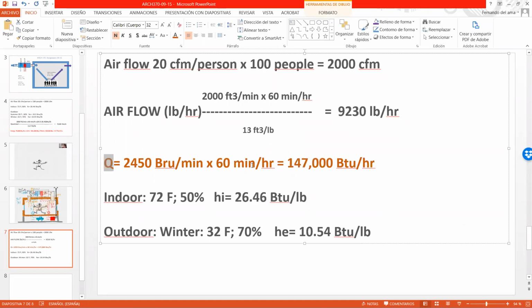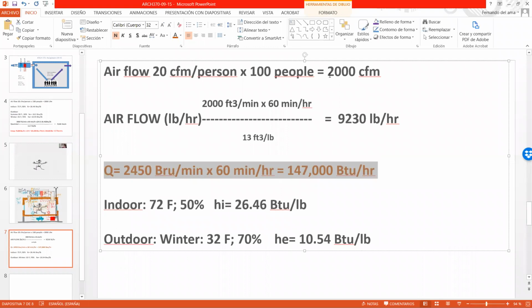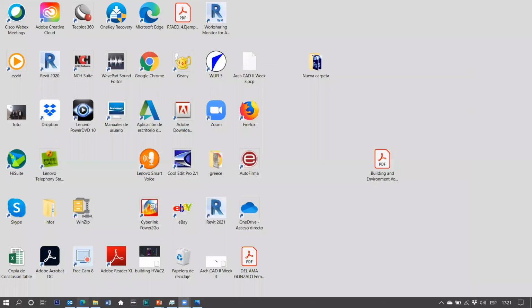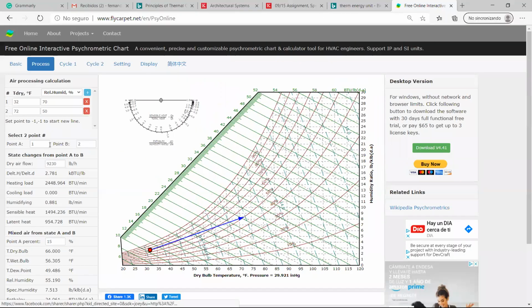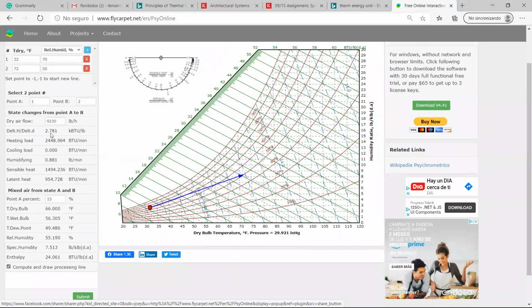But it's the same. So by using the chart, we only have to convert units. The problem is that the chart is using imperial units, so here we have pounds per hour instead of cubic feet per minute, and here we have the heating load in BTU per minute instead of BTU per hour, but it's the same.